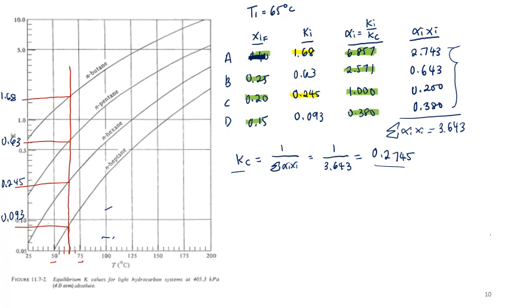So maybe you can try to find, but according to the solution in the book, it's about 69 degrees Celsius. Okay, maybe about here. This is 0.2745. So this meaning the second guess of the temperature is 69 degrees Celsius.